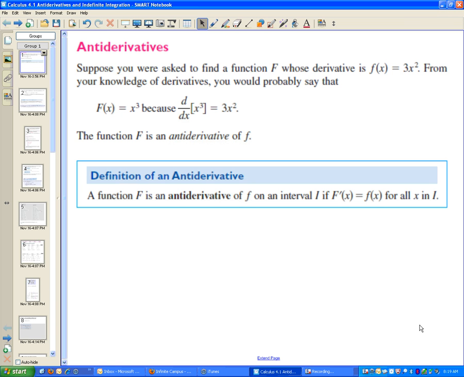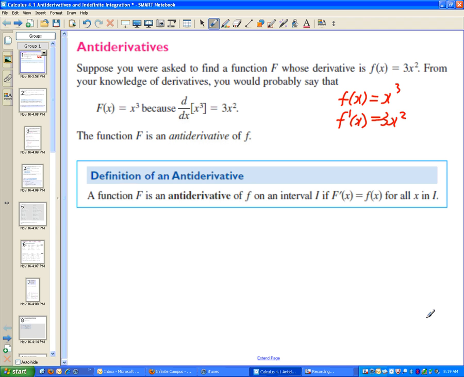So when we see something like this, if we have a function f of x equals x cubed, and we take its derivative and we get 3x squared, we've been calling the 3x squared the derivative of f of x. Well, now we can call f of x the antiderivative of f prime of x.